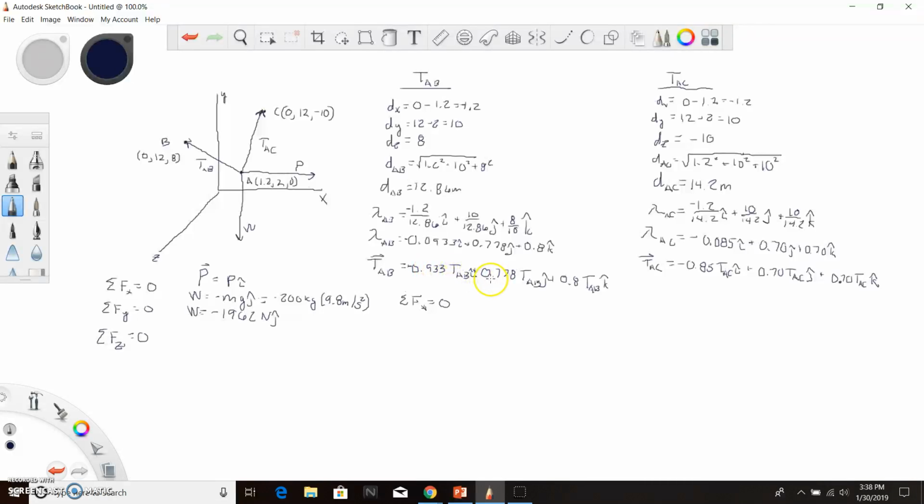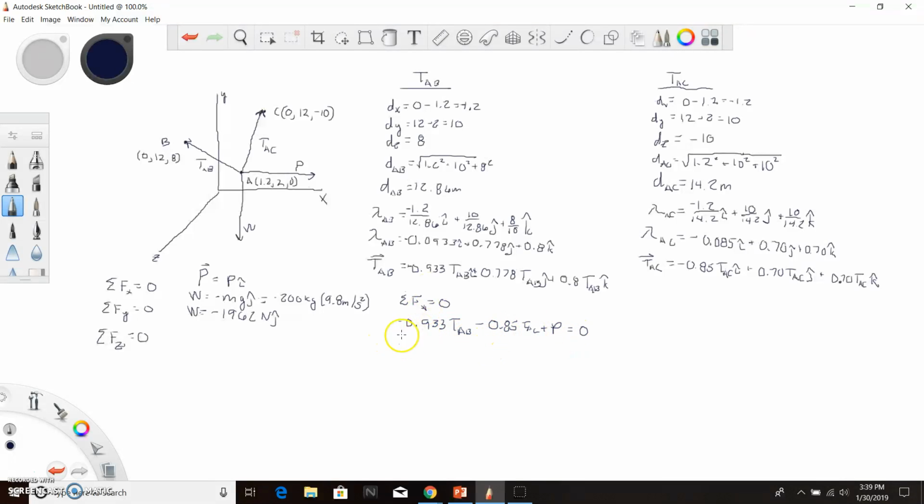So I'm going to take all my i components of both vectors: negative 0.933 times TAB minus 0.085 TAC, plus P, because I forgot the P vector, and that all has to equal 0. Notice I have 3 variables here.